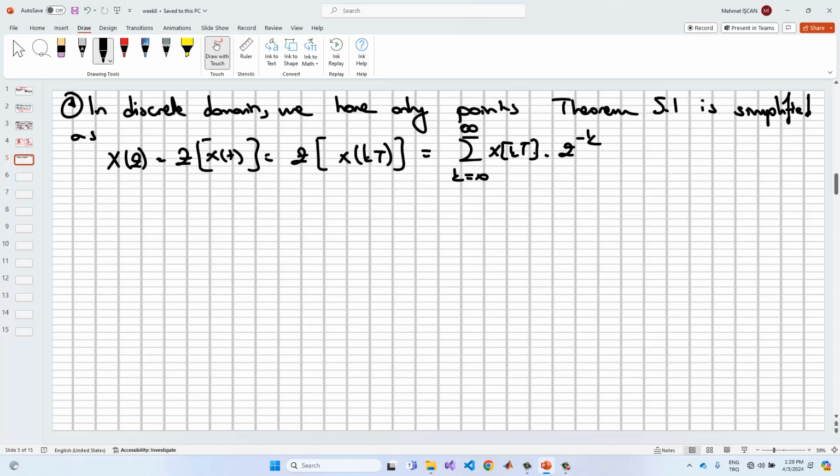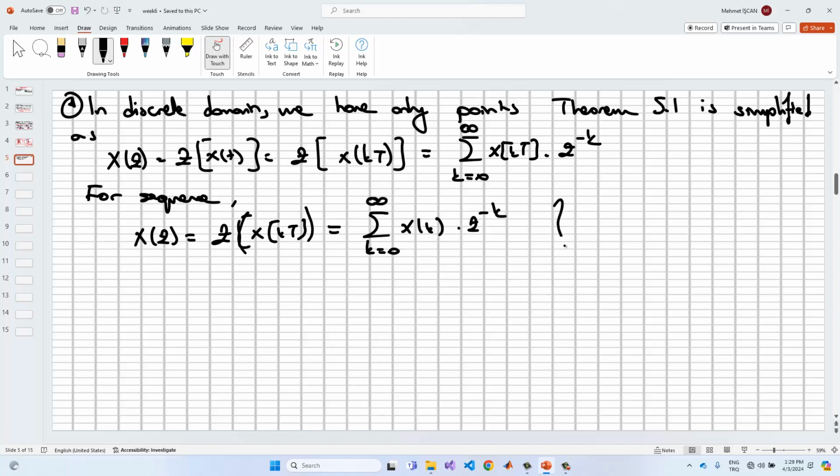For the sequence equation we can eliminate the T, the sampling period in here, because it's a constant value at each time. And so this X(z) can be written as Z of x(k), which equals the sum from k equals 0 to infinity of x(k) times z to the minus k. Okay, this is called the one-sided Z transform.